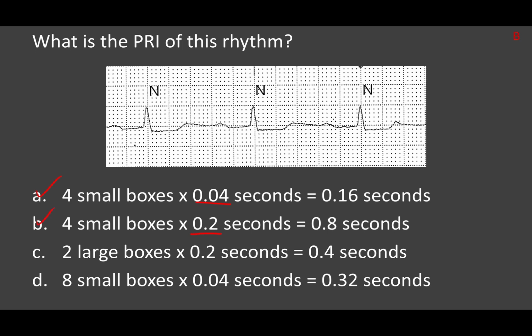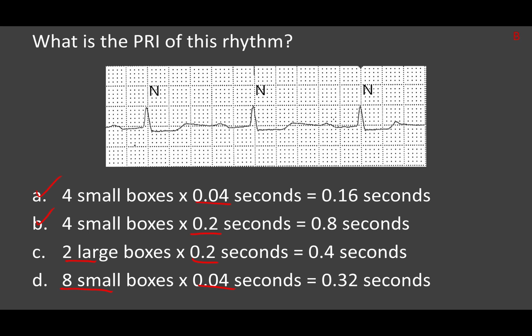Knowing the difference between those will help you determine your answer there. Or is it actually 2 large boxes? And do we multiply 2 large boxes times 0.2 seconds to figure out how wide it is? Last but not least, is it 8 small boxes that we multiply times 0.04 to get our answer as well?